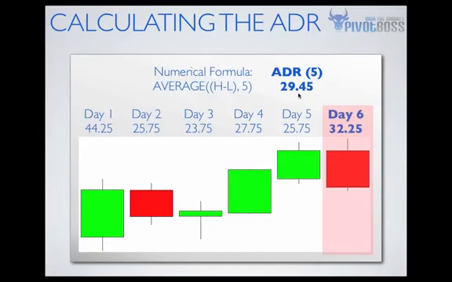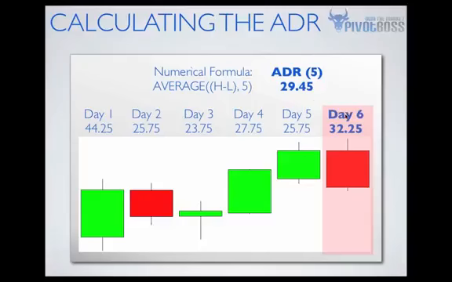And that 29.45 allows you to forecast what the upcoming day's potential price range could be on average. That means if the upcoming day trades on average what it had been trading in the last 5 days, it will trade on or around 29.45 points.